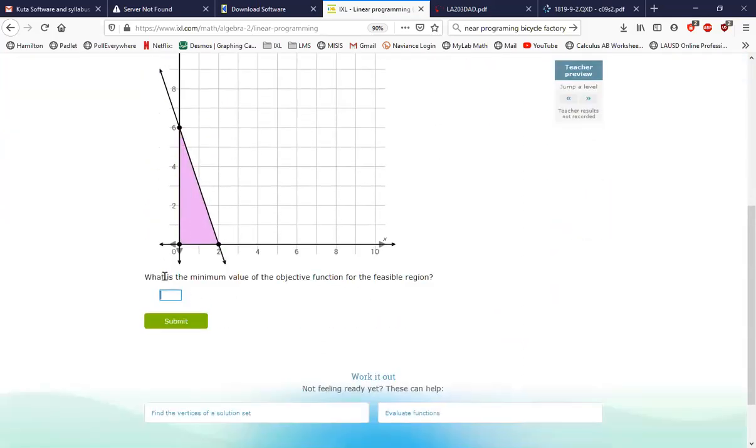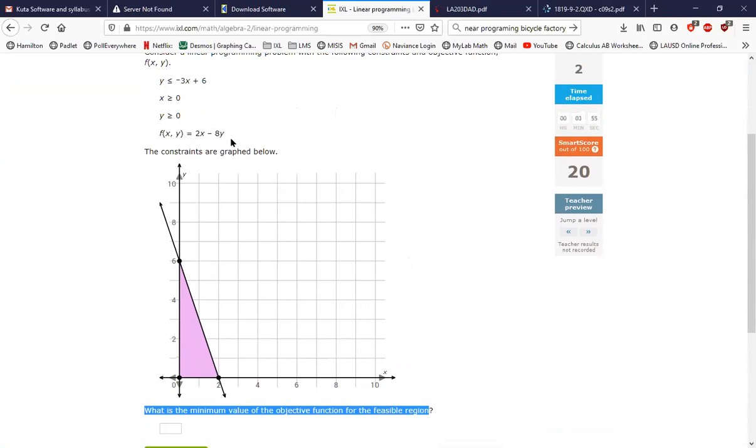Now this question is, what is the minimum value of the function for the feasible region? Just like what we looked at before. So given these constraints, if I plug in my vertices to this objective function, which of these values do you think would give me my smallest?